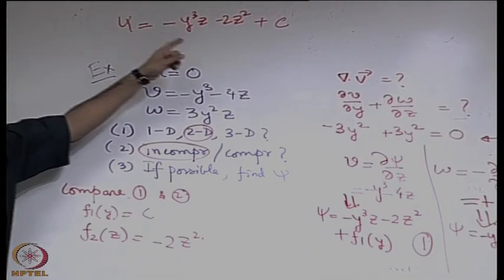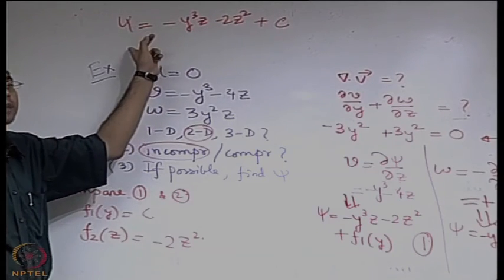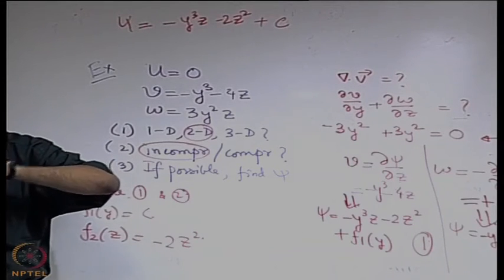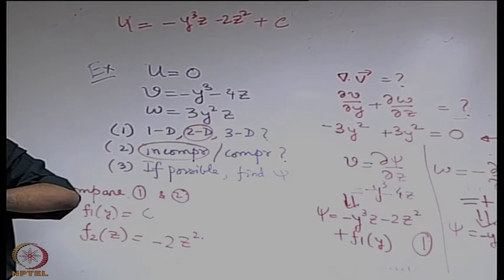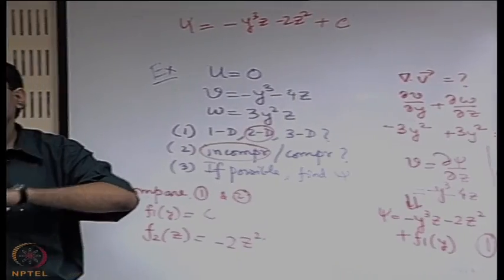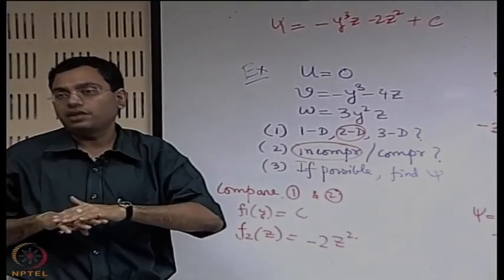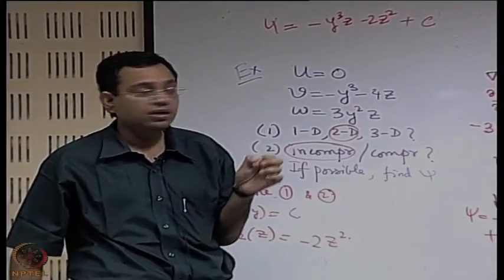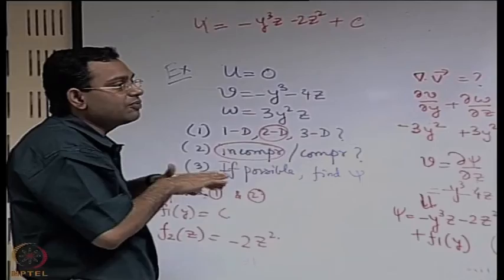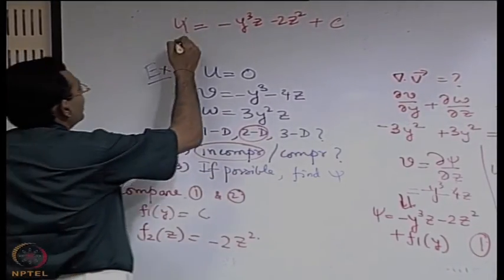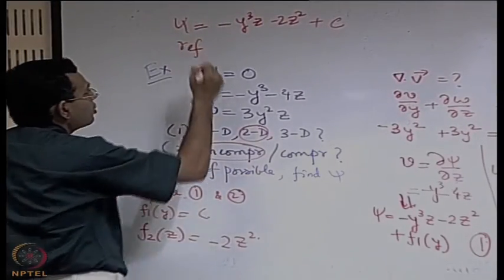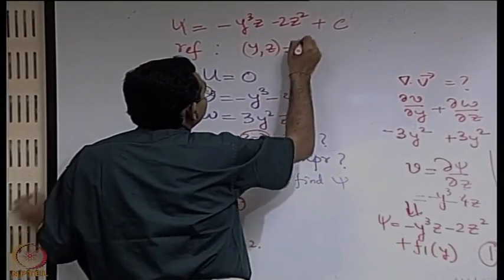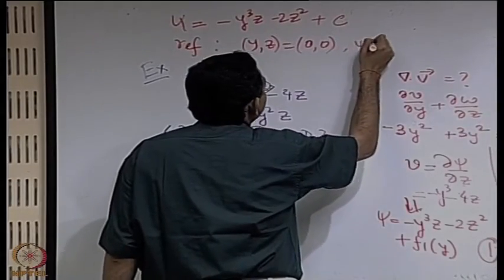Now this constant you may arbitrarily choose because there is no absolute value of stream function, so to say. You have a reference, with respect to that you find out a change, because see the velocity component is defined as the partial derivative of the stream function. So it is not defined in an absolute sense with respect to the value of the stream function. So say you define that your reference or origin is such that at y, z equal to 0, psi equal to 0.